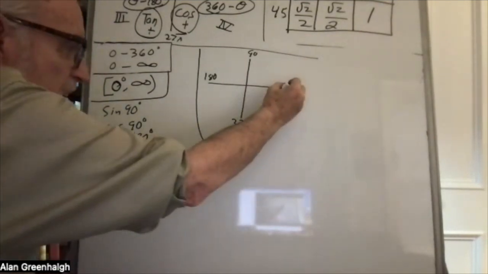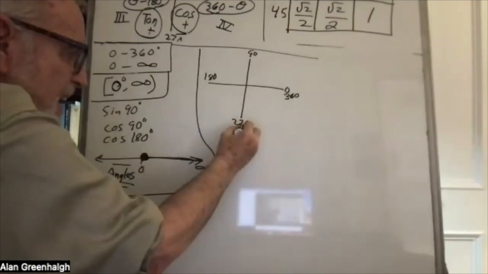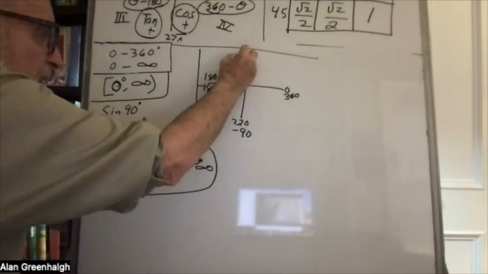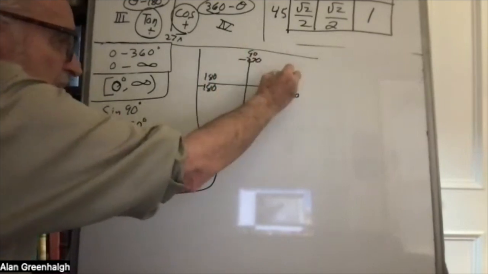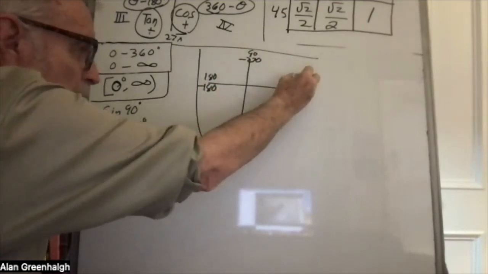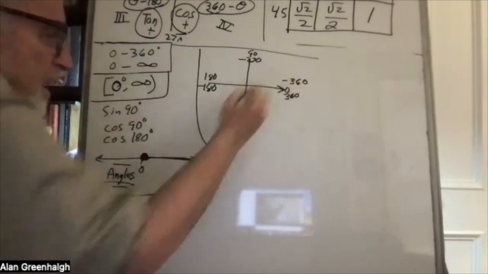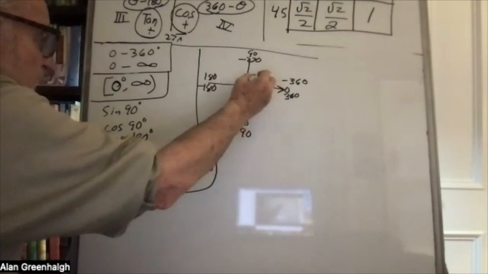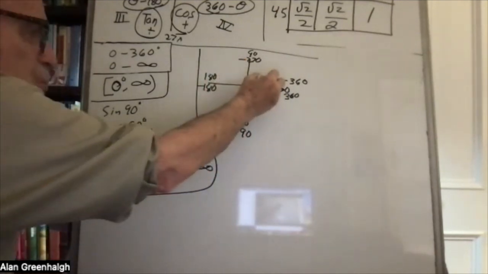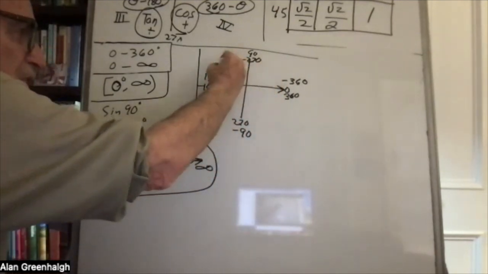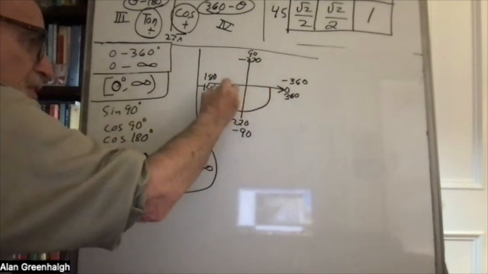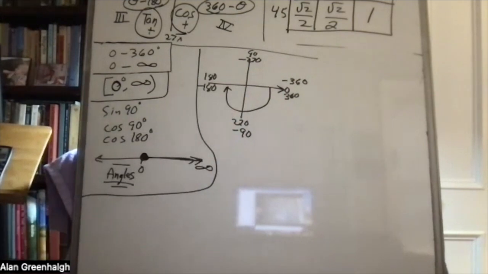Well, it would be 0 to negative 90, negative 180, negative 270, negative 360. In other words, the initial line is still going to be on the x-axis, but instead of going this way, I don't want to draw it because it's just going to confuse everybody. We're going to go in the opposite direction, like that.